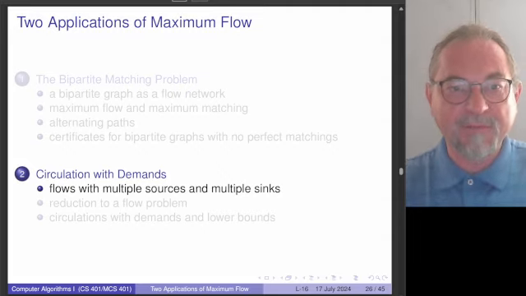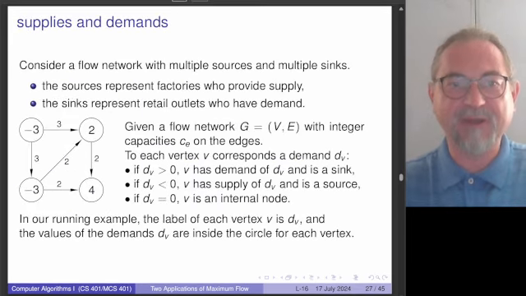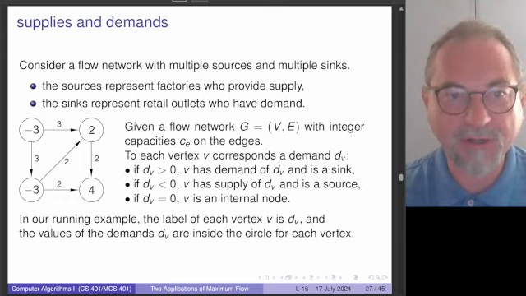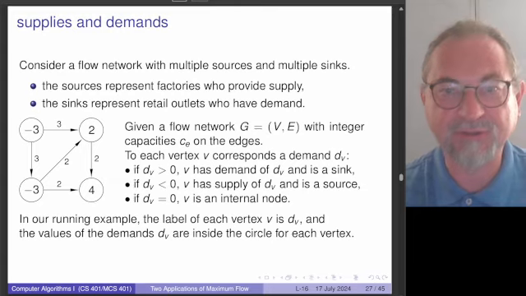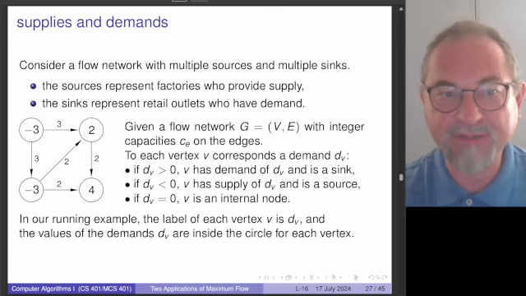Okay, what's the problem that we consider? We have multiple sources and multiple sinks, and we are looking at a flow network where the sources represent factories that produce certain goods, considered as supply. The sinks represent retail outlets that have a certain demand.